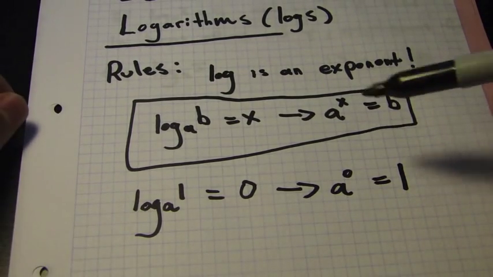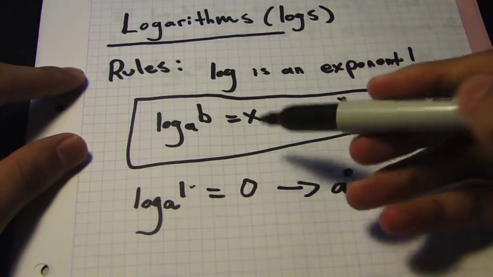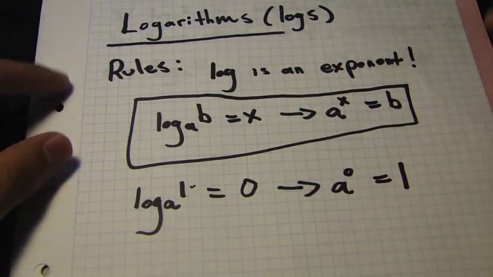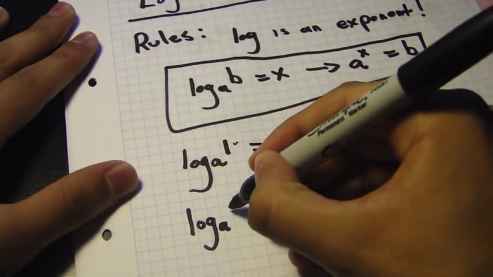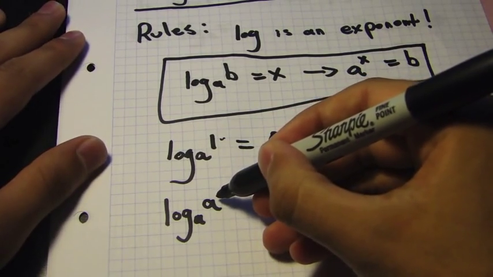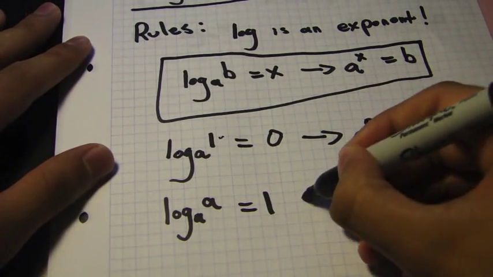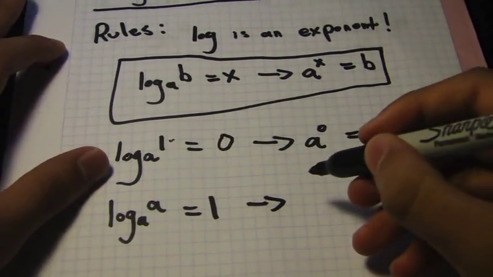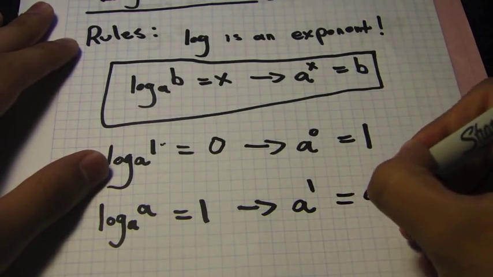So whenever you have 1 here, no matter what base, it always equals 0. And if you have log base a of a, the same as the base, it always equals 1. You can see this because a to the power 1 equals a.